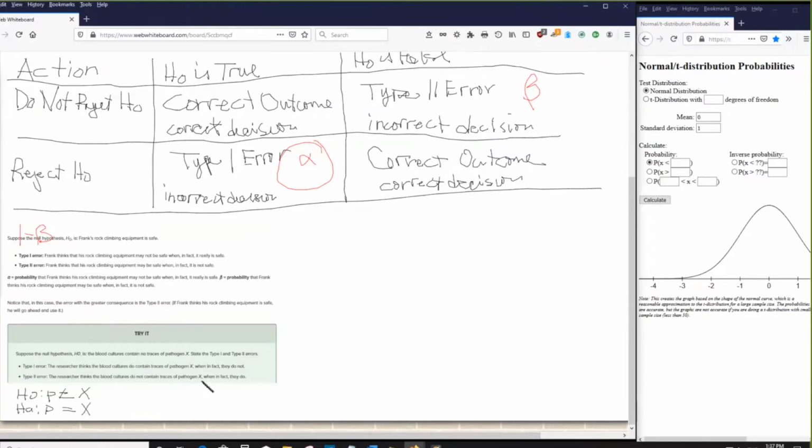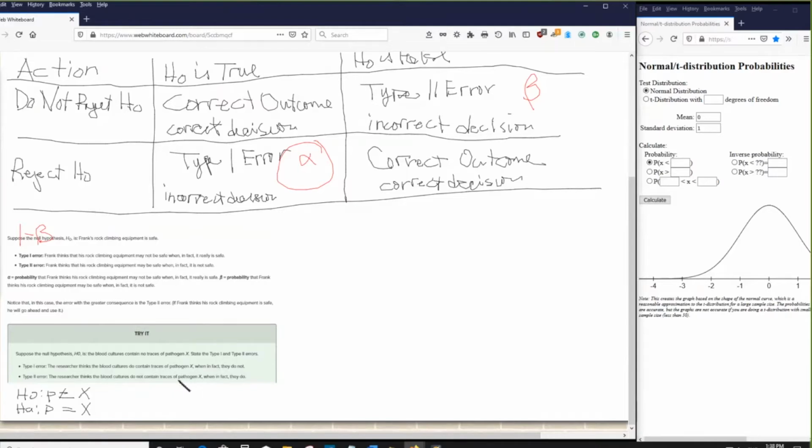So in this one, the type 1 error would be that we reject the null, that it's true that there isn't any, that it doesn't contain it, but we reject it, we think it does.